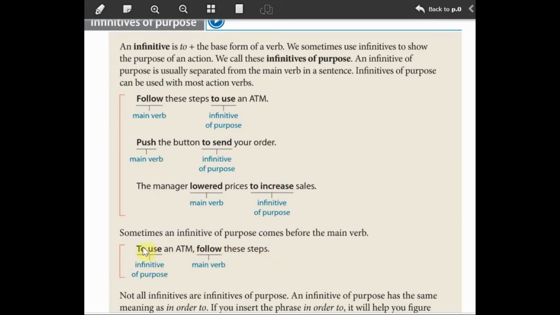So we have mentioned the infinitive of purpose first, and then secondly, we've mentioned the main verb. And we must place a comma after the first clause, to use an ATM.